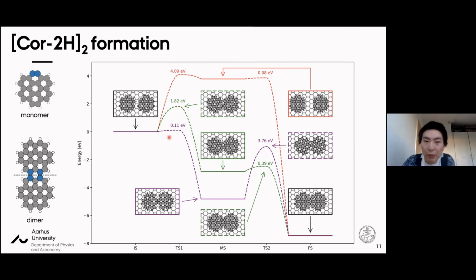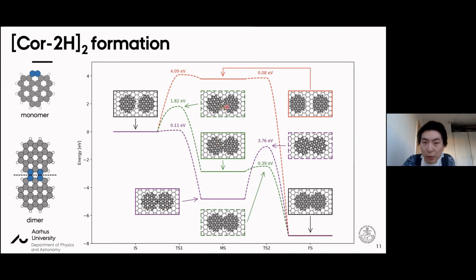And if we directly combine these two monomers first, following this purple curve, it forms a four-membered ring first, but then it will be very difficult to break the four-membered ring and form the six-membered ring again. So actually there exists another pathway where the hydrogen transfer can happen simultaneously during the dimerization, as shown in this green curve.